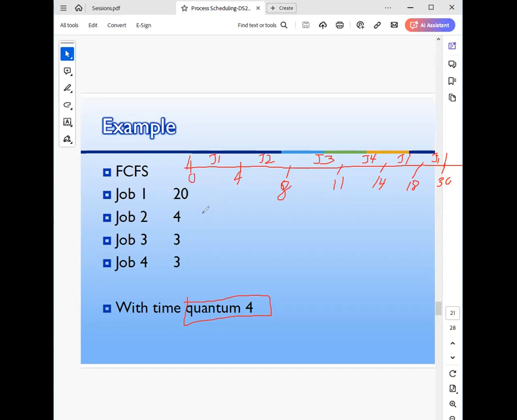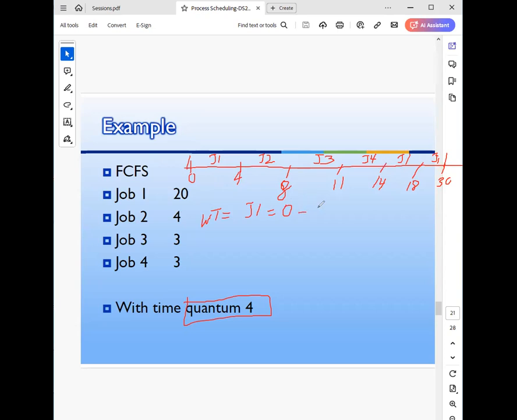If you take the waiting time for job 1, J1, initially it was 0. Then from 4 to 14, it waits.